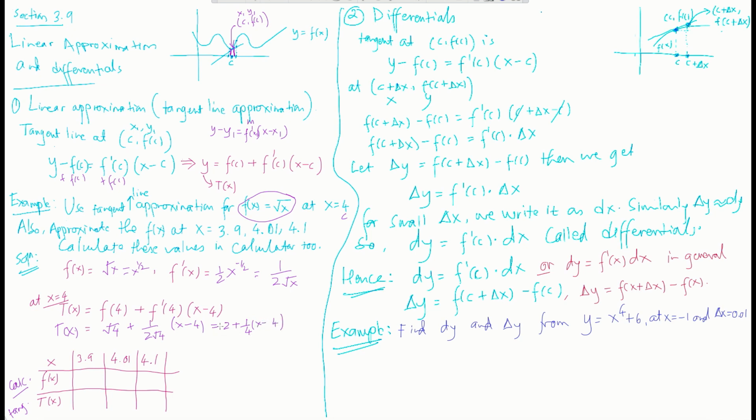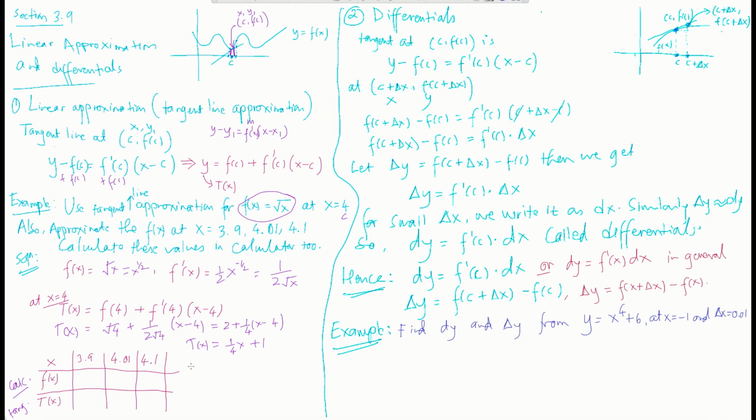If you simplify it, it will be 2 plus 1/4 x minus 1/4 times 4 is 1, right? So that will be 2 minus 1. So basically T(x) equals 1/4 x plus 1, right? Because there is 2 and then 1/4 times negative 4 will be negative 1. So 2 minus 1 will be 1/4 x plus 1.